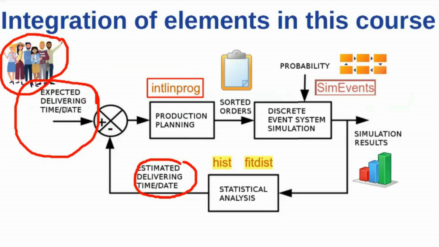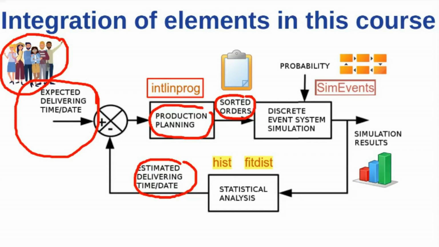So the main idea in this closed loop diagram is that when we have an expected delivering date, we do the production planning. We are sorting the orders according to some criteria: no product change, the same customer, the senior customer being served first.